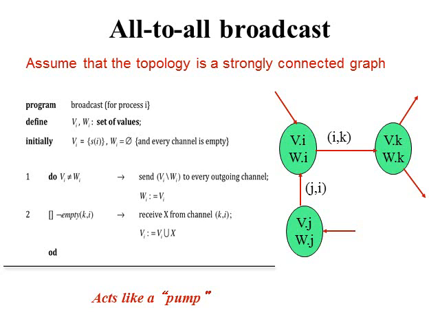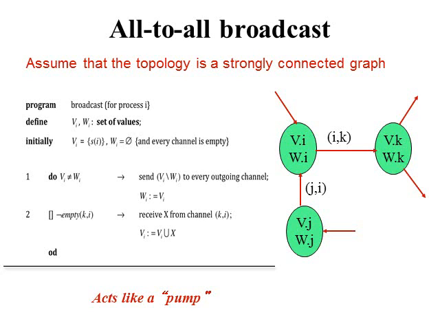The set V sub I is going to denote the current set of values that have been collected so far, and the set W sub I is going to represent the latest value of V sub I that was sent along the outgoing channels so far.